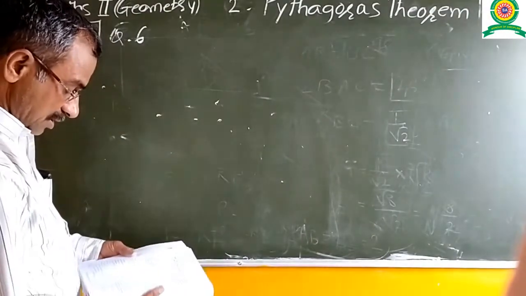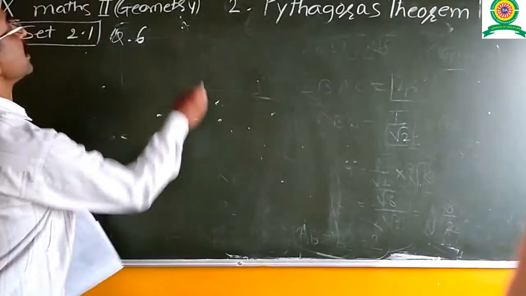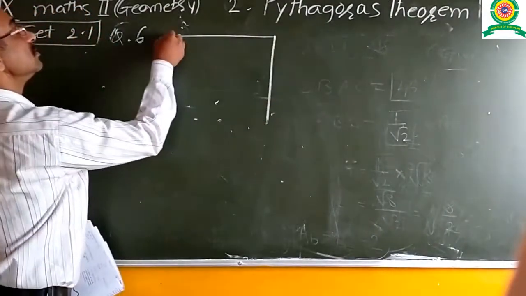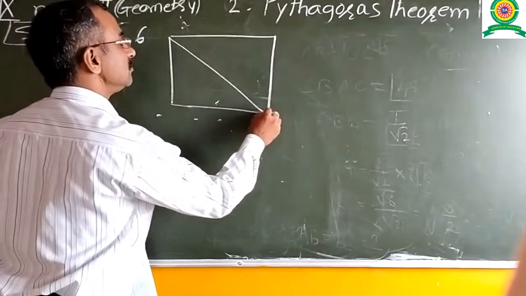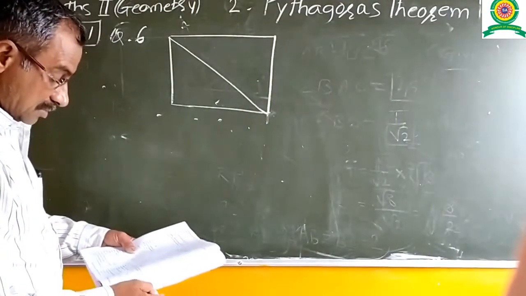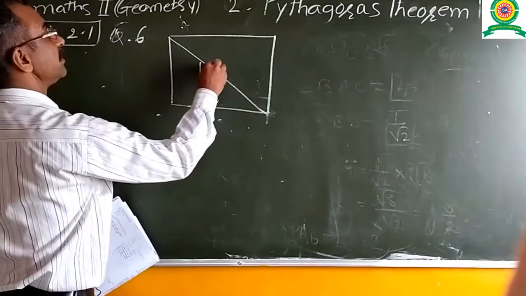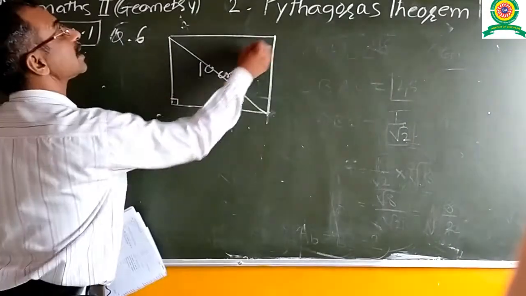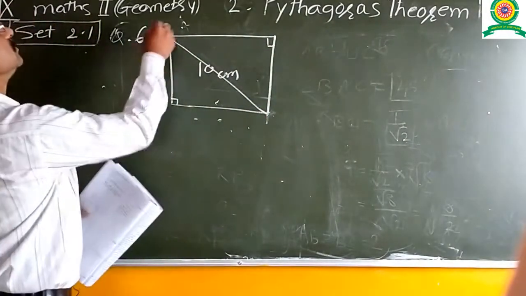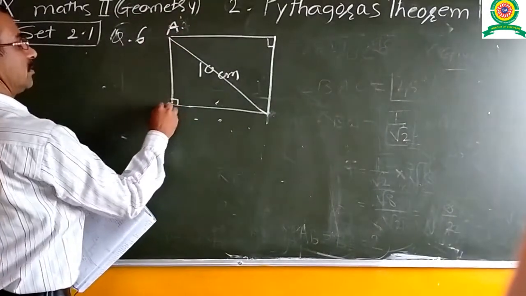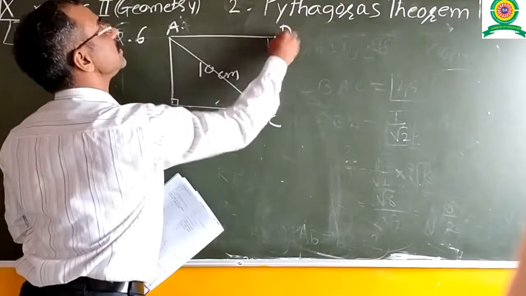What is given? Again, a diagram of a square is given. The diagonal, which is the hypotenuse, is 10 centimeters. It is a right angle triangle. ABCD is a square.